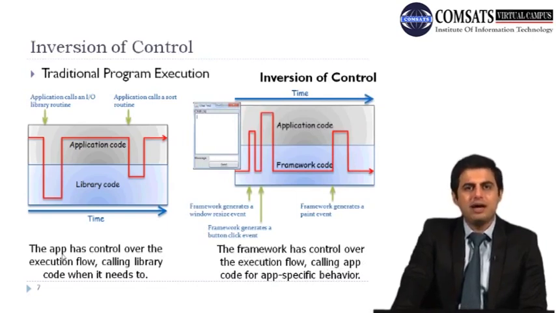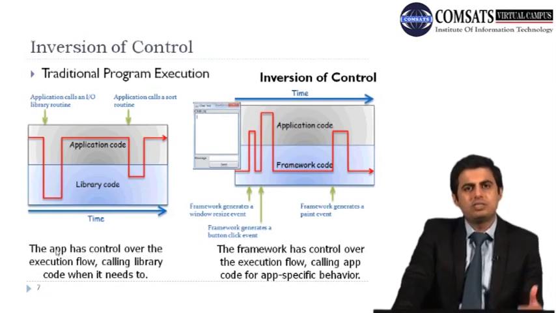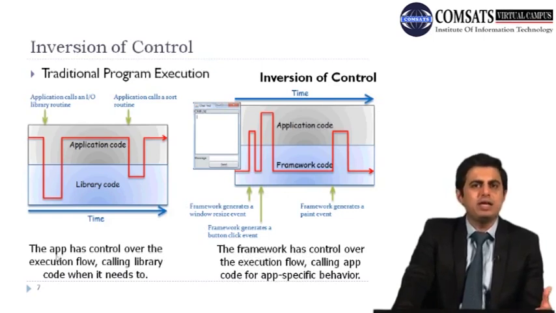So here you have got the application which has that control. Control means that in an application, whatever is written, the compiler goes line by line and does that job which is written in those lines, and it doesn't have anything else to do. When the code finishes, the compiler leaves the system.